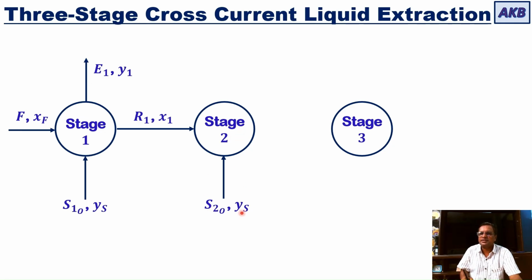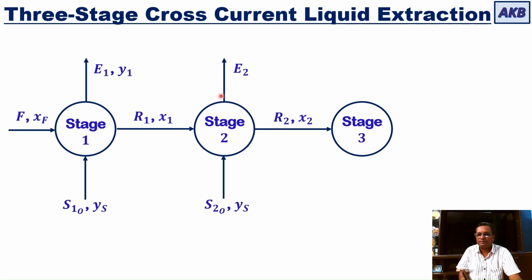And YS is the weight fraction of solute C in it. Then we will be getting raffinate phase out of stage number 2. Let R2 represent mass for batch-wise operation or mass flow rate for continuous operation. X2 is the weight fraction of C in the raffinate phase.